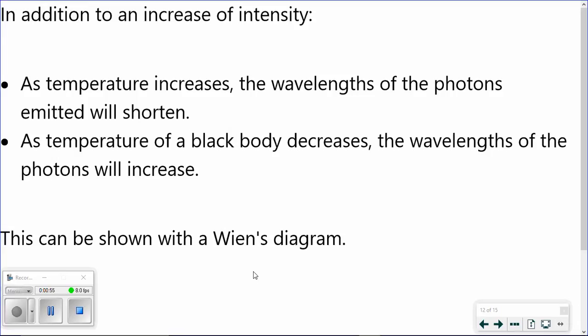So as you saw in that video, as temperature increases, the wavelength of the photons emitted will shorten. And if you shorten them into the range of 400 to 700 nanometers, you will end up seeing a glow just like you saw in the steel rod. If you decrease the temperature of a black body object, the wavelengths of photons that are being emitted will increase.